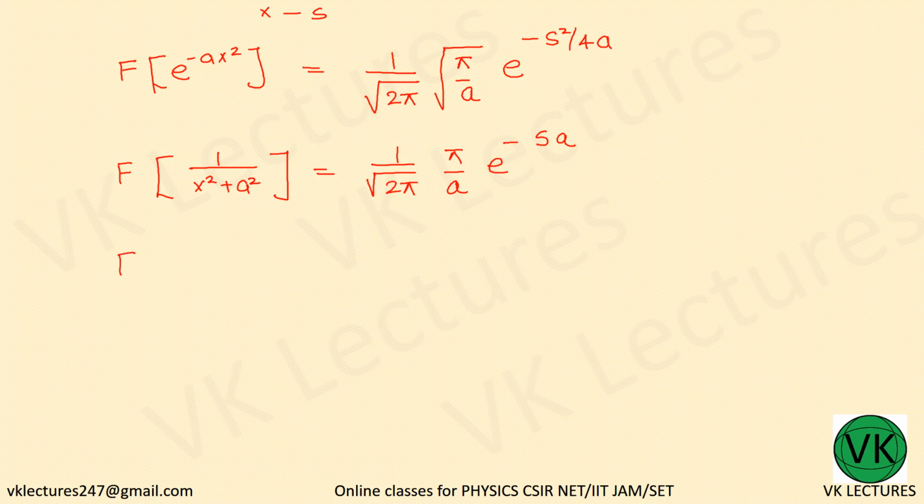The Fourier transform of e to the power minus a mod x is equal to 1 divided by root of 2 pi into 2a divided by a square plus s square.